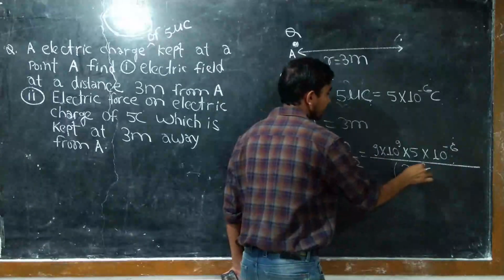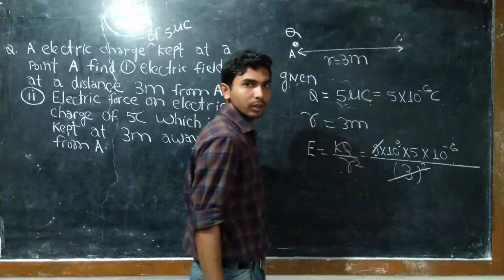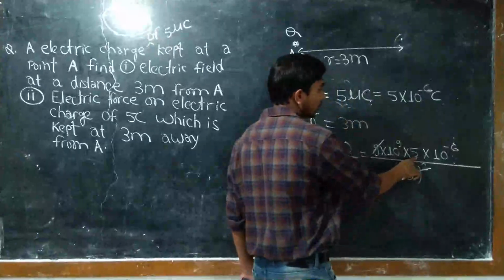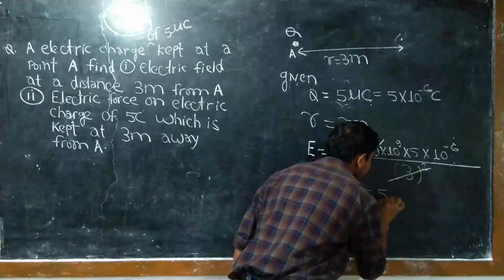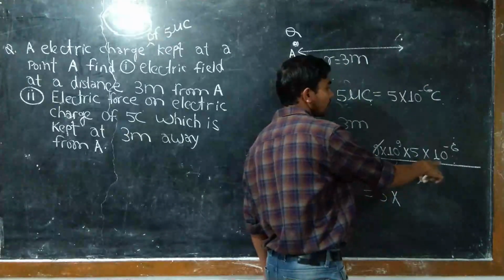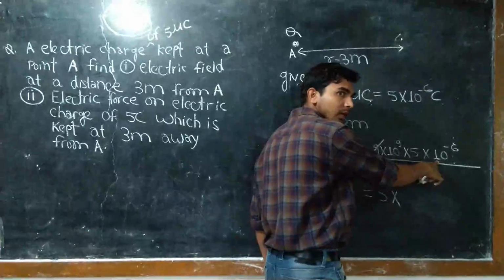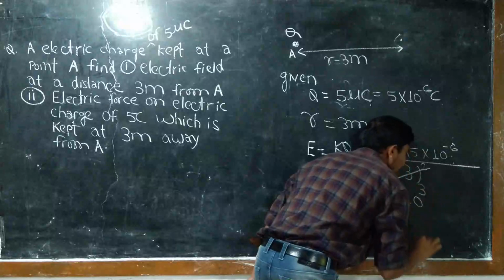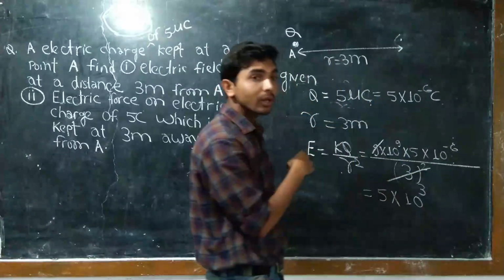So this 9 is cancelled by this one, and finally I got the value 5. Then 10 to the power 9 and 10 to the power minus 6, so the power will become 10 to the power 3.